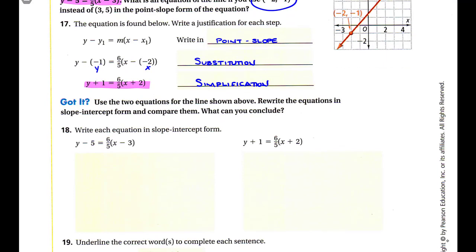So for the first equation here on the left, we're going to distribute the 6/5 through the parentheses, and that's going to give us y - 5 = 6/5 x - 18/5. And our last step is to add 5 to both sides.